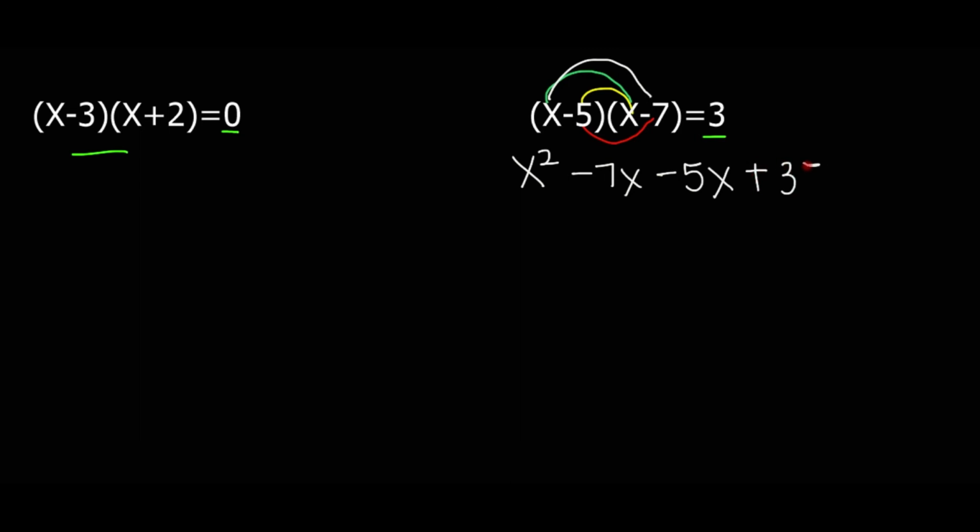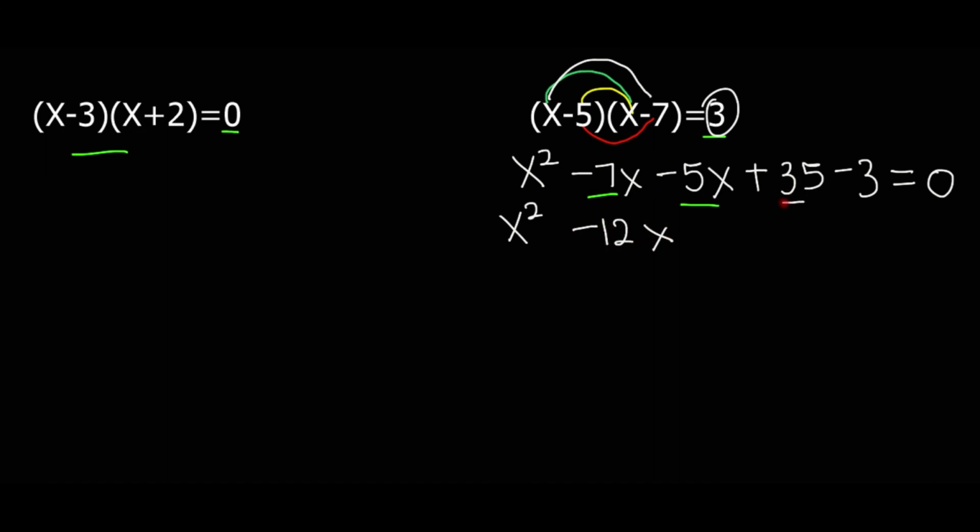Now we have broken out the bracket. And then this 3 we move to the other side because we cannot break out a bracket. It becomes -3, and the other side becomes 0. And then from this step we add the like terms. We have x squared, and then -7 minus 5 is -12.